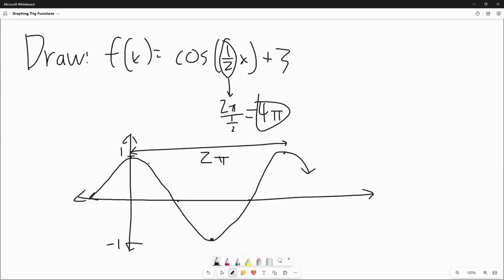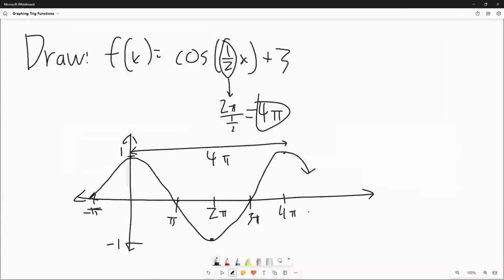This segment right here is usually 2 pi, but this equation makes it 4 pi, which means that here, instead of being 2 pi, it is 4 pi. And right here is 2 pi instead. And here is 3 pi, here's pi, and here's negative pi, and so on.